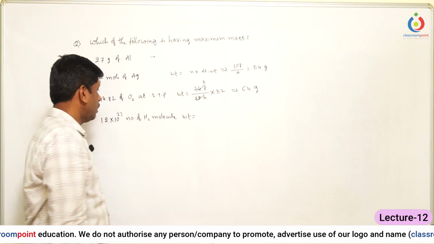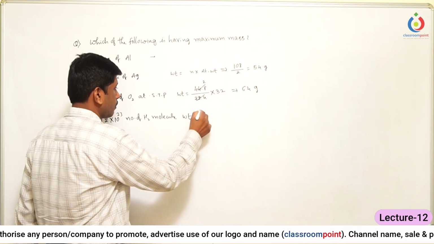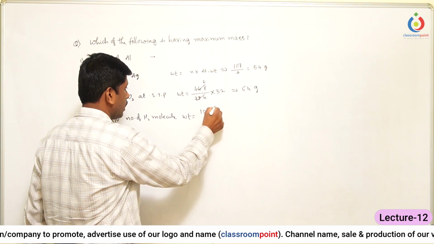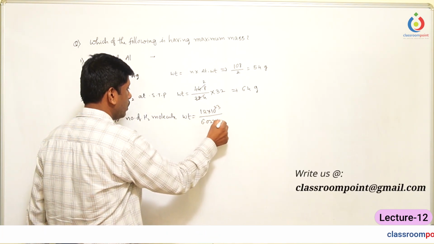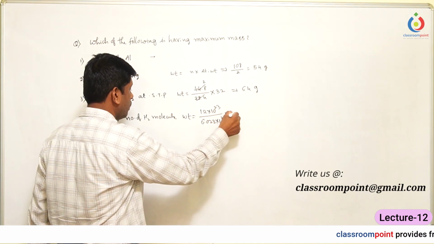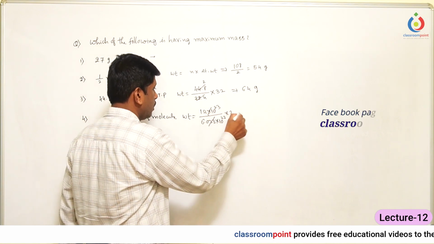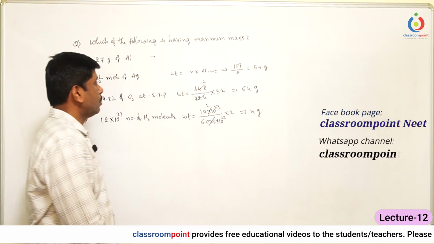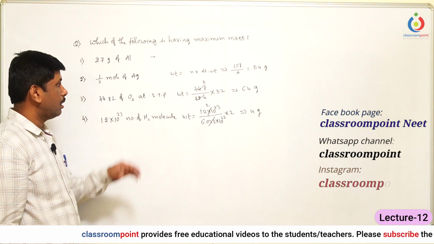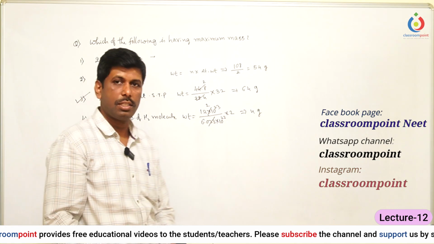Next, weight equals given number by Avogadro number into molecular mass: 12 into 10 power 23 divided by 6.023 into 10 power 23, and molecular mass of H2 is 2. It goes 2 times, so 2 into 2 equals 4 grams. So which is having the highest mass here? That is 44.8 liters of O2 at STP.